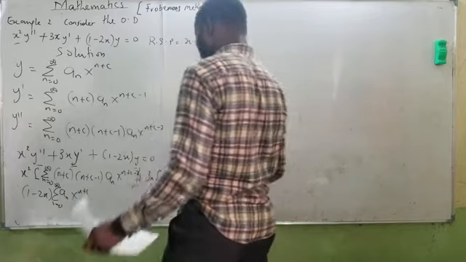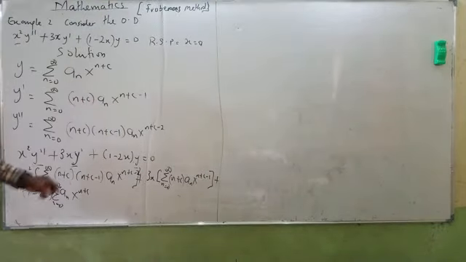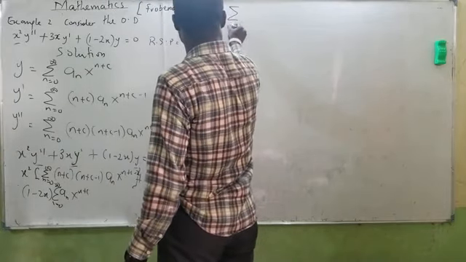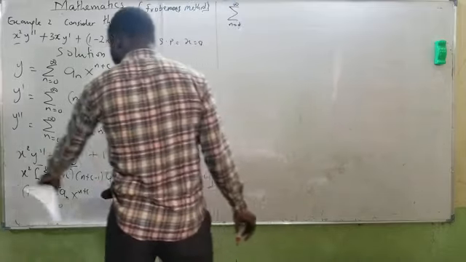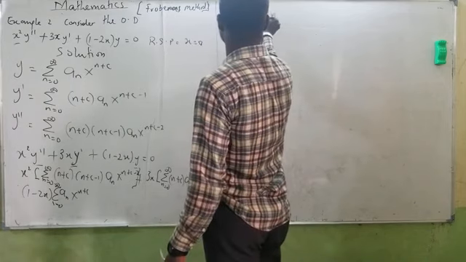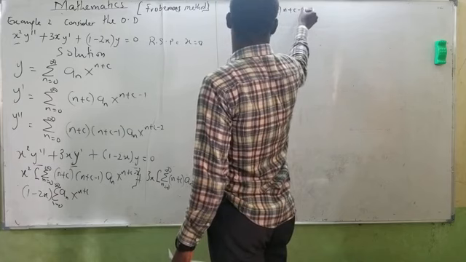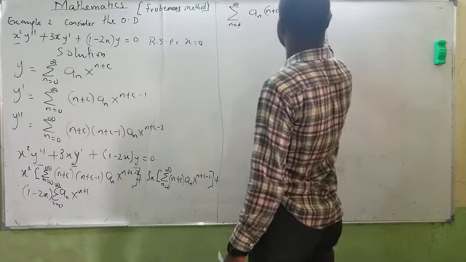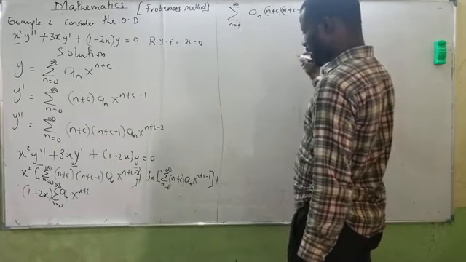For you to see very well, let me not rush. I have the sum from n equals 0 to infinity. Now the x here will cancel this. It means I'll have a_n (n+c)(n+c-1) times x raised to the power n+c.